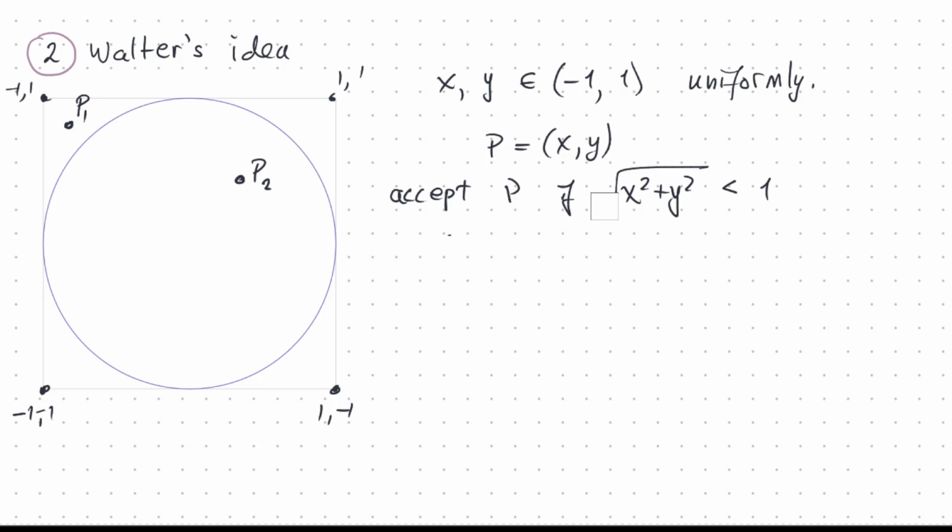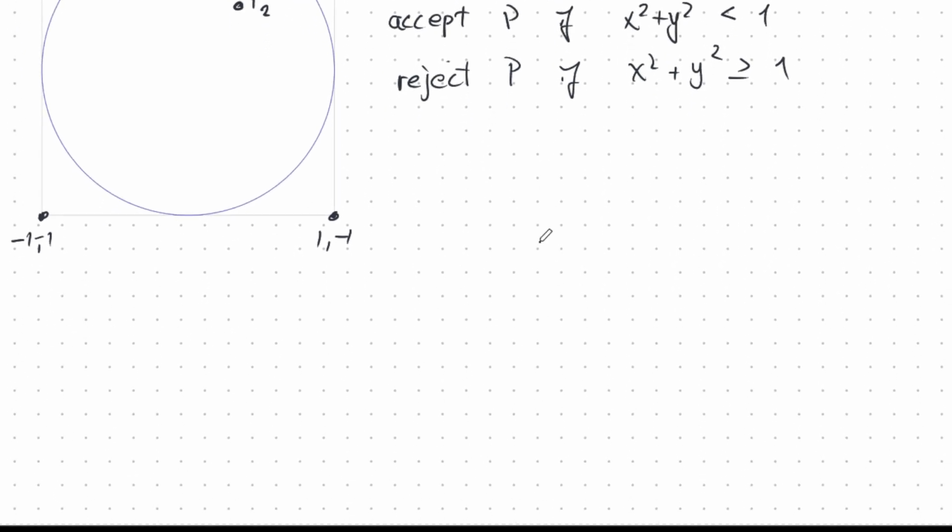Well, actually, I can get rid of this square root. Square both sides, I still have 1, so that's good enough. And we'll reject P if it's outside, like P1 is here. Very good. So let's see what happened with Walter's simulation.